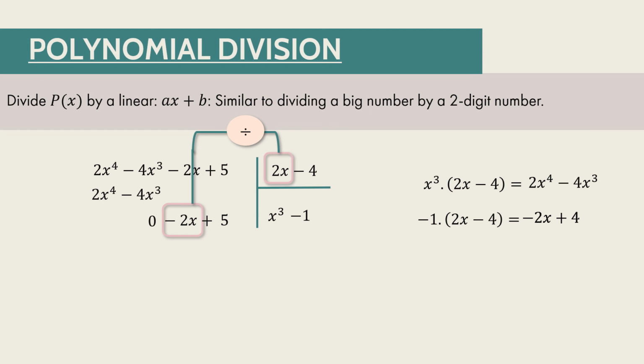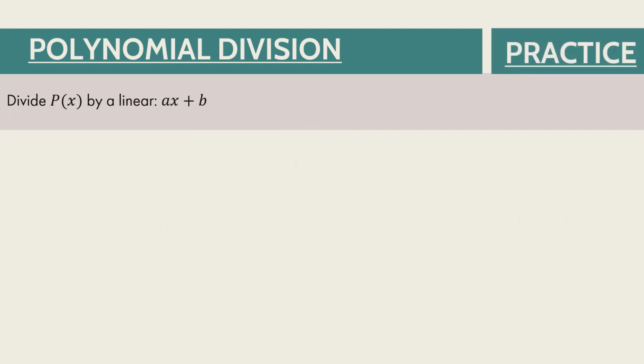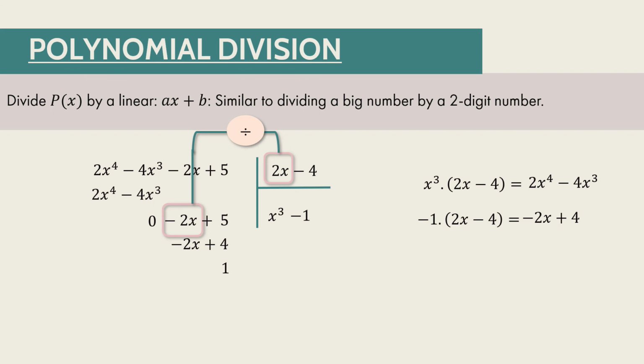So we have negative 2x plus 4, and we have 1 remaining. So the remainder of this division is 1.